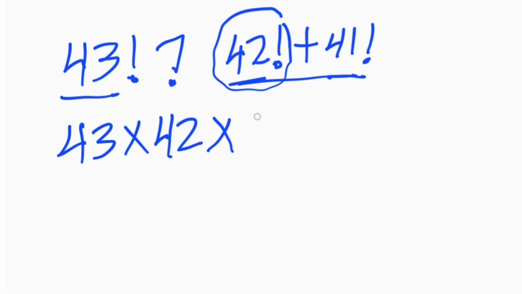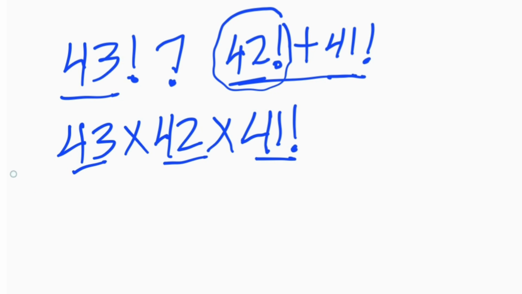But we can just simply write 41 factorial here, since 41 factorial means multiplying by the next smaller numbers. So we can rewrite the equation like this. I just made a mistake. 43 factorial means 43 times 42 times 41 factorial. That is the thing you need to notice.